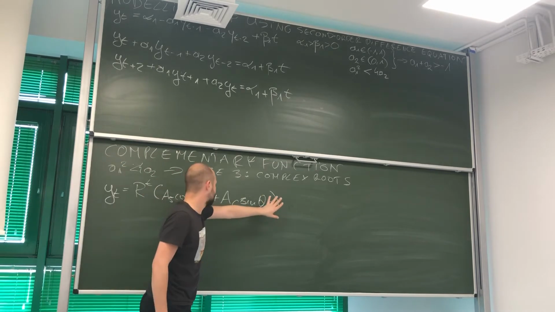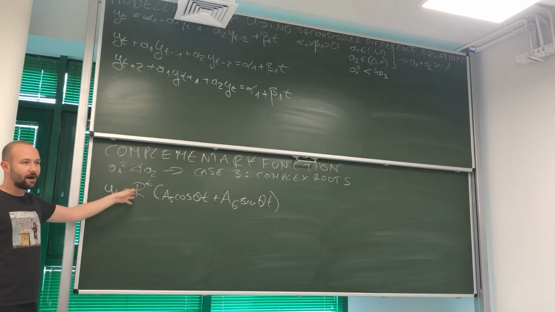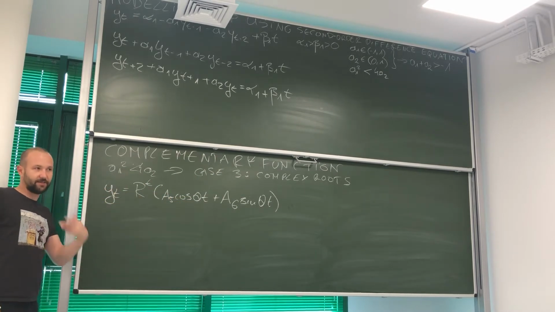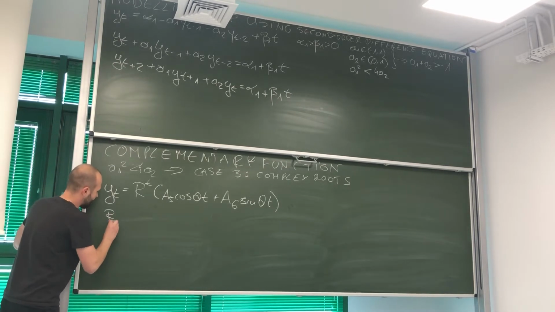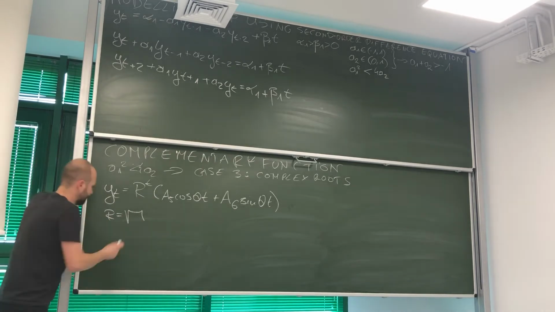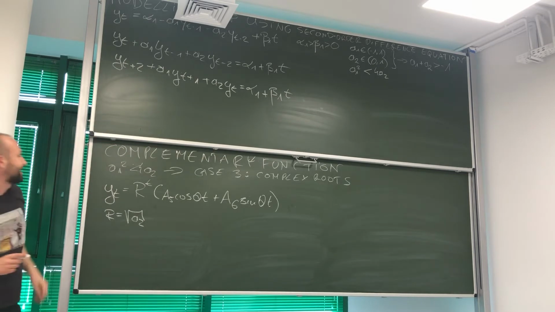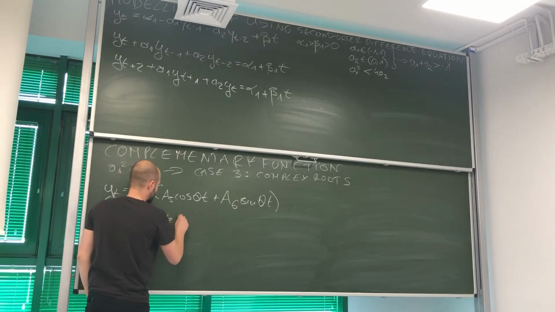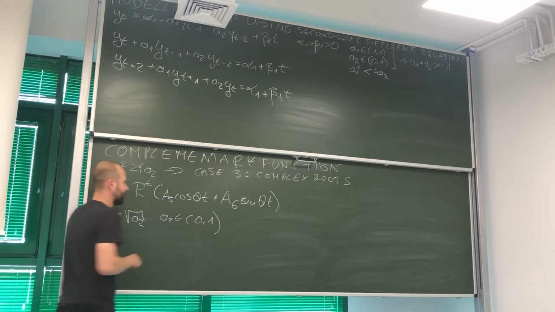This just gives us the fluctuations, and of course, r^t is something that scales the fluctuations. However, we know that r is simply equal to the square root of a2. And we also know that a2, by assumption, is between 0 and 1.